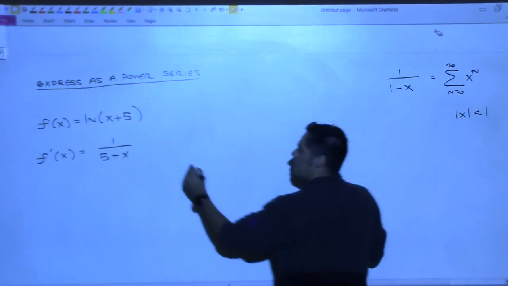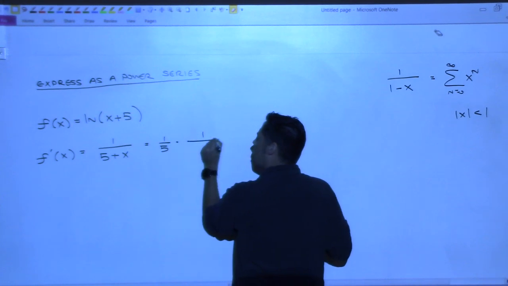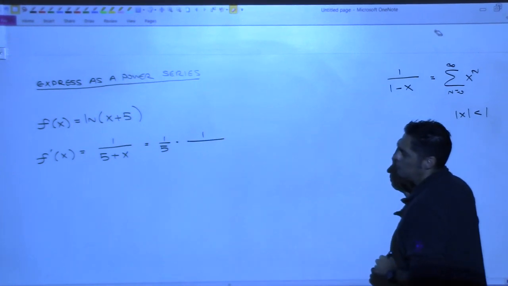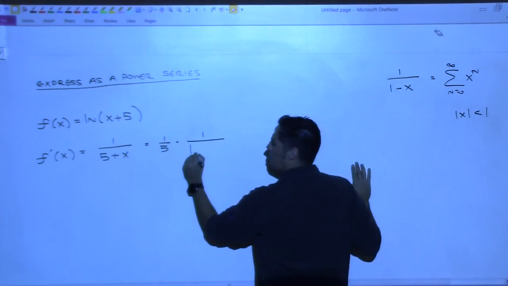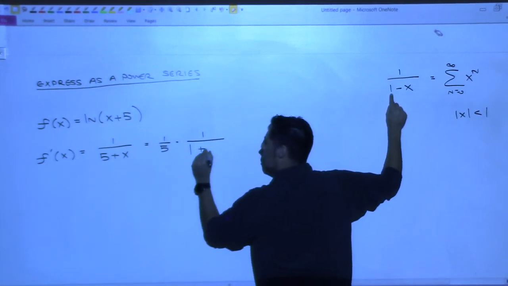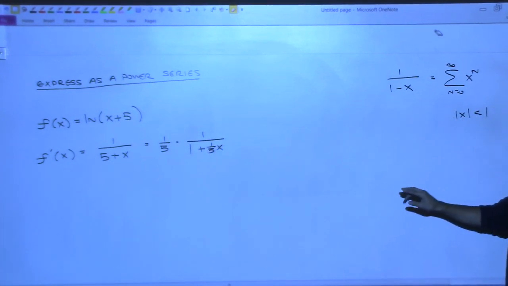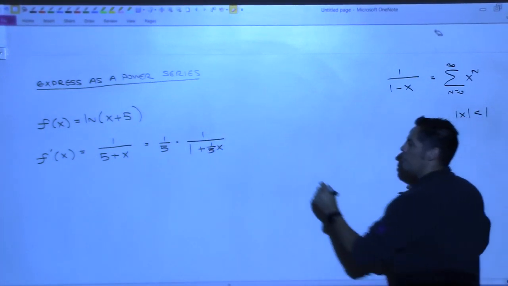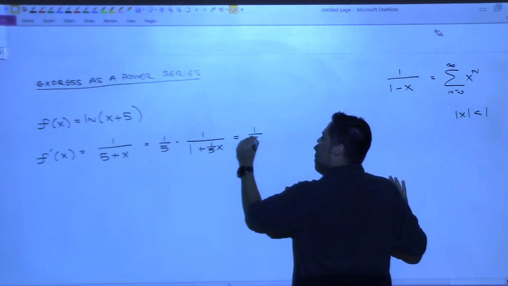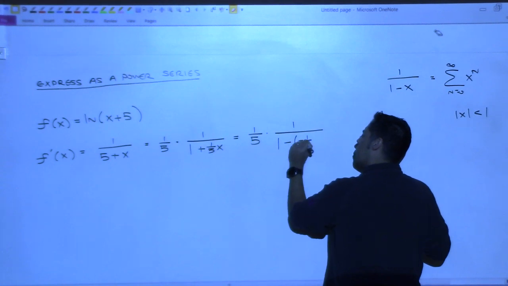Now this is 1/5 times 1 over what? 1 plus, I'm factoring a 5 out of the bottom to get a 1 like this. 1/5 x, right? And then I'm going to do minus minus on the next step. 1/5 times 1 over 1 minus negative 1/5 x.